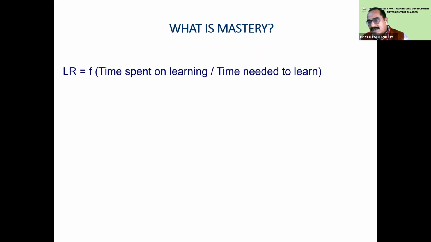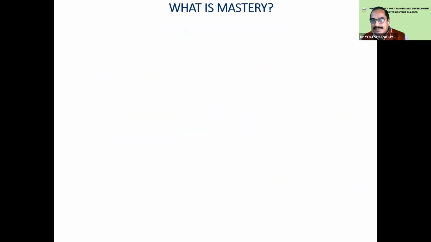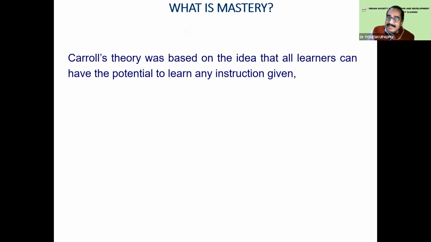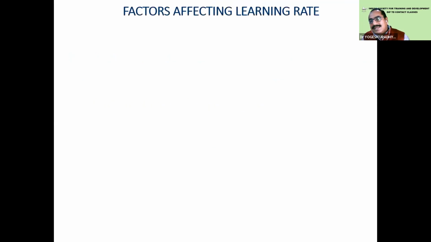And somebody whose allotted time is 8 hours learns in 6 hours, so he has a greater learning rate. That is the difference. Now, this was based on the idea that all learners have the potential to learn any instruction. Trainer should keep it in mind. But they take different amounts of time to do so. In contrast, the classical model says in 8 hours all will learn, but there is a different degree of learning.